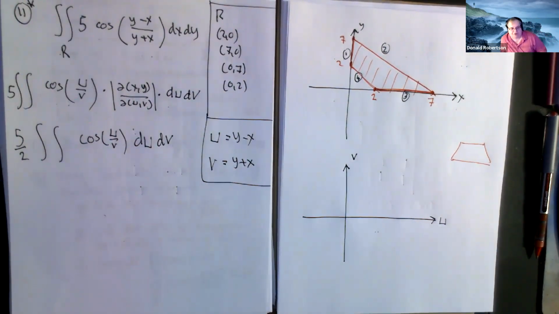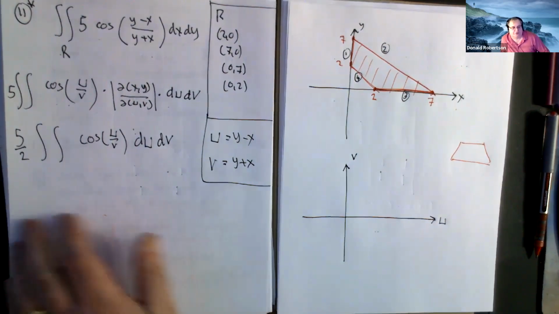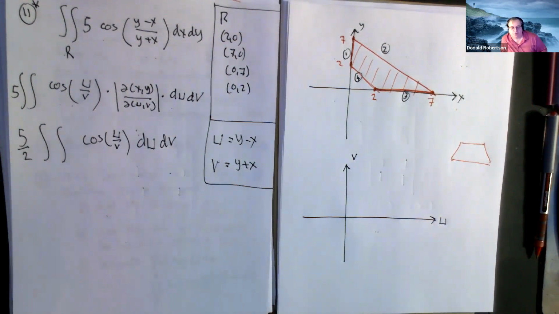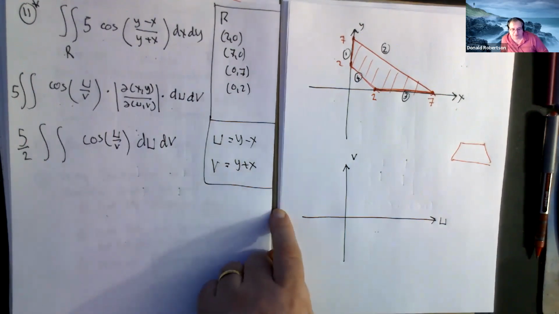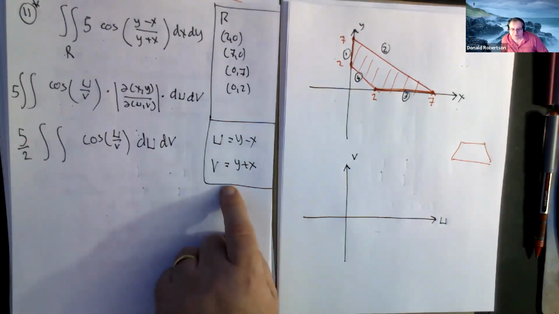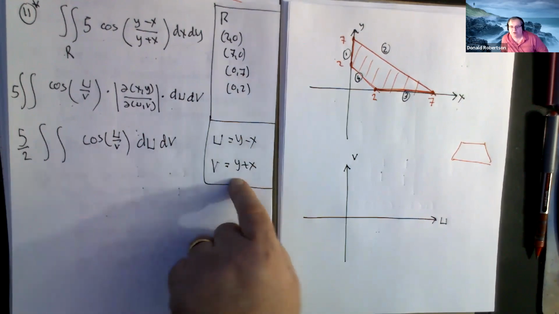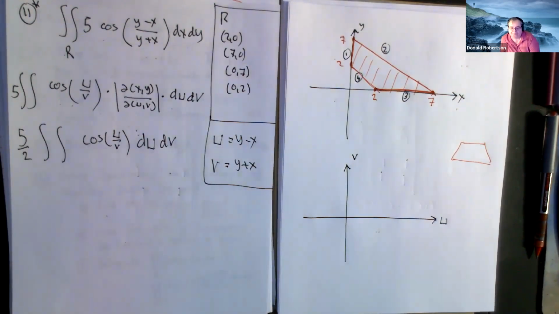In every question except this one, because this one is the ugliest and the last one, we would already know what x was in terms of u and v and what y was in terms of u and v. But right now, we don't have that. So we are going to have to work on seeing what we can do.